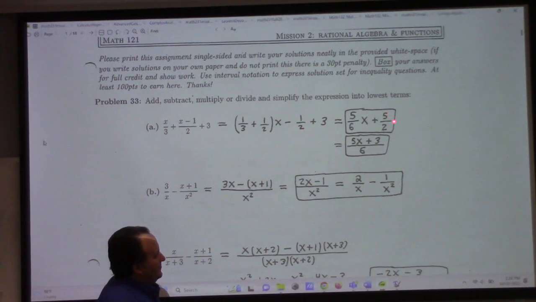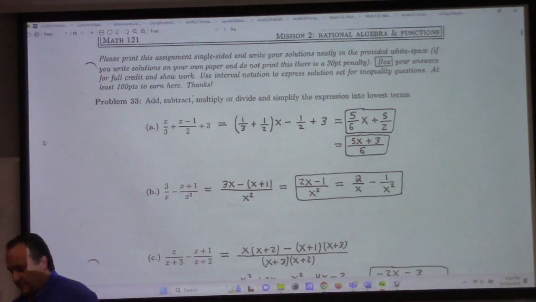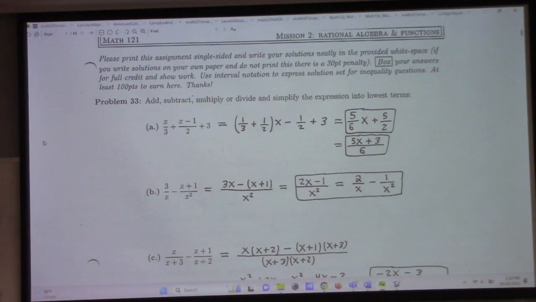But when I put that over here, I have to multiply by 3 over 3 to get a sixth there, and 3 times 5 is not 3, it's 15. So that's supposed to be 5x plus 15 over 6 if you write it like that. You got it, Michael. That's right.